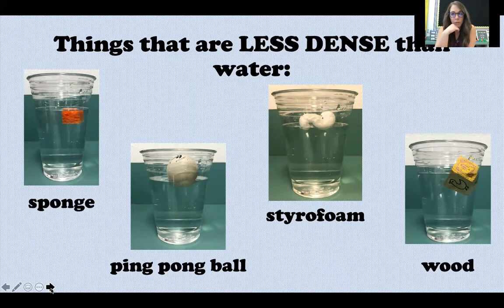That means their molecules are more spread out or less tightly packed than the molecules of water. I can tell by looking at these pictures that all of these objects are less dense than water because they're all floating on top of the water. Remember, objects that are less dense are going to float, okay?